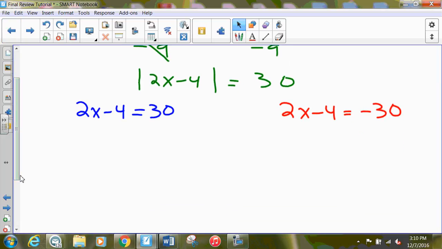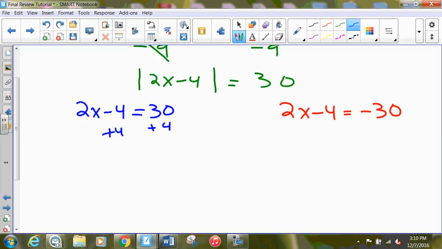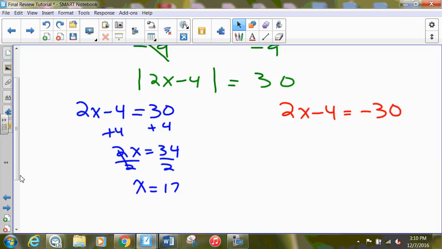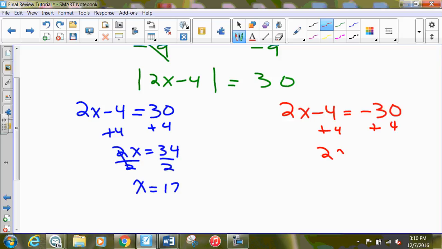And so here we go. Let's solve. So we get 2x equals 34, and x equals 17. And then on this side, we've got 2x equals negative 26, and x equals negative 13.